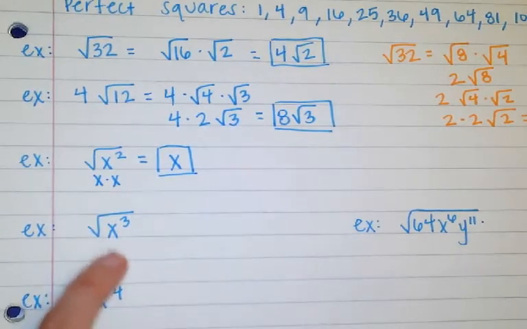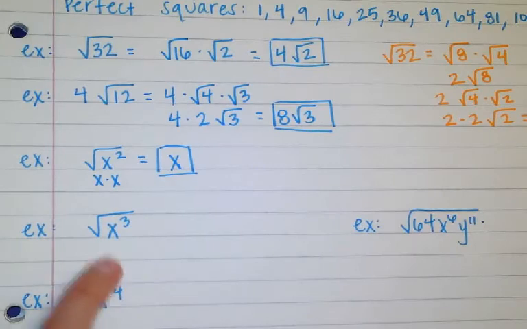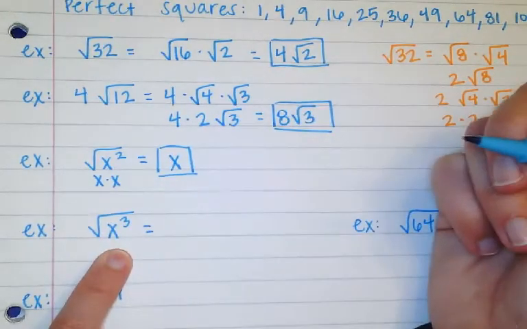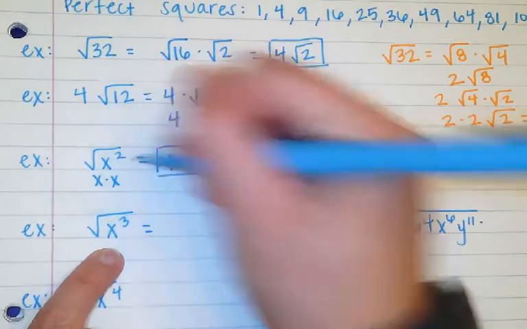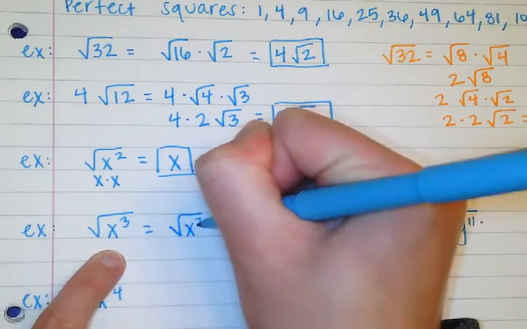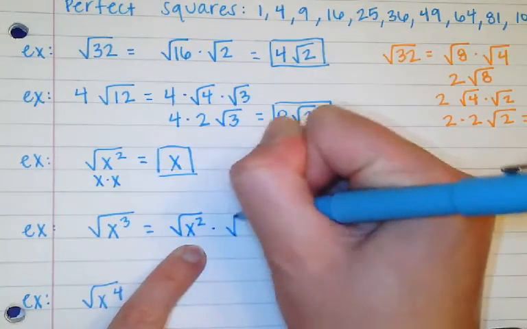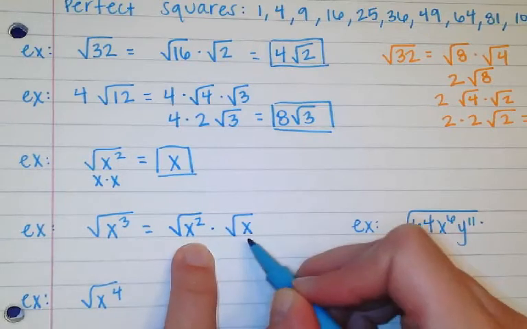So when I'm looking at x cubed, I want to think about, okay, what's the biggest perfect square that goes into x cubed? How could I break that down? I know that I could break it into an x squared, which we know how to simplify, but it would still leave me 1 x left over. So I split that 3 into 2 and 1.